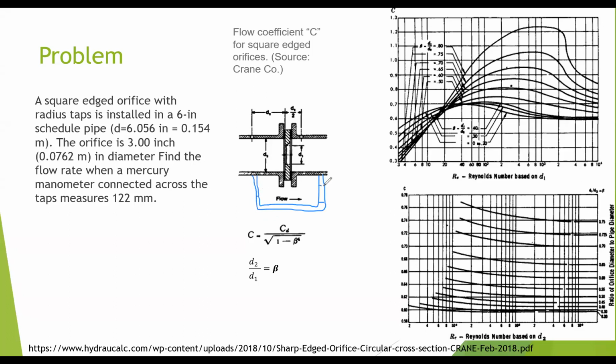And the pressure will be lower here. And all of this place will be with mercury, but here we have water. And the difference between this, like this one, is equal to 122 millimeter. But here, this part is filled with water, but this part is filled with mercury.